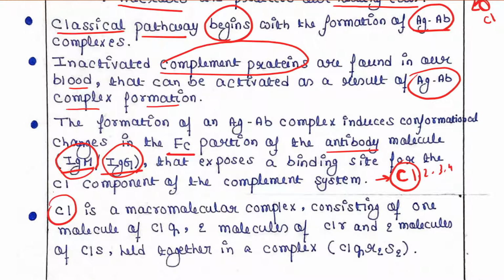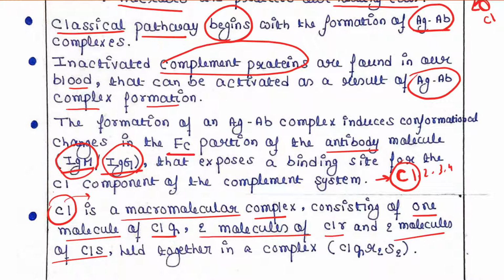Now this C1 protein is a macromolecular complex. Why is it a macromolecular complex? Because it contains more than one molecule, consisting of one molecule of C1q, two molecules of C1r, and two molecules of C1s. So this C1 is a macromolecular complex and it contains different molecules.